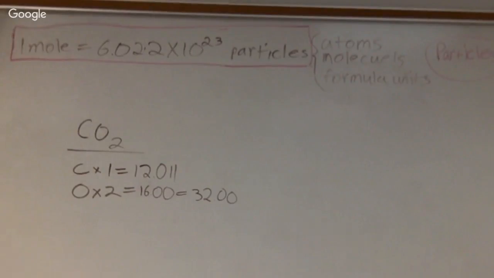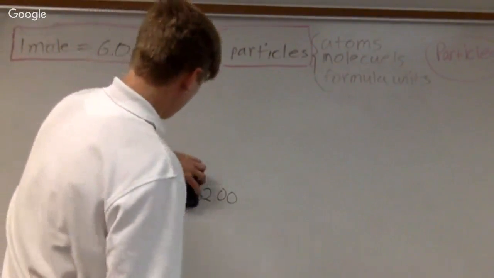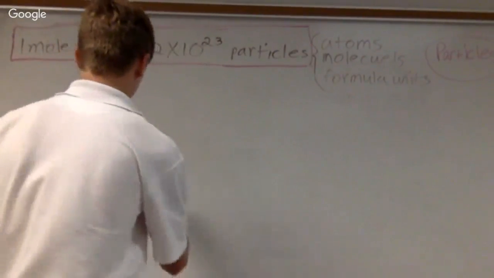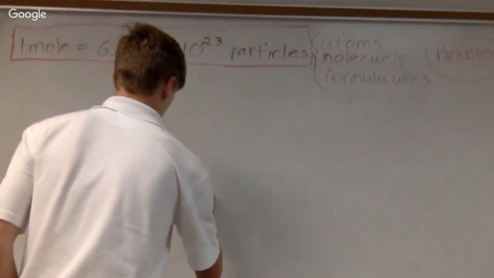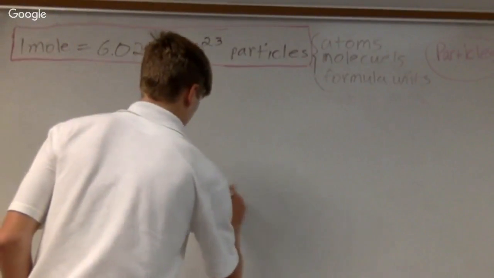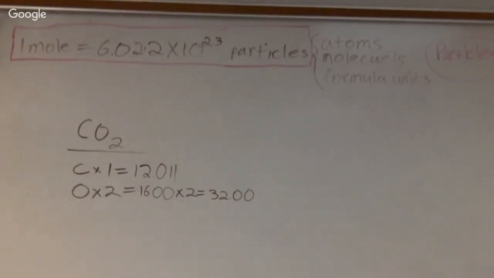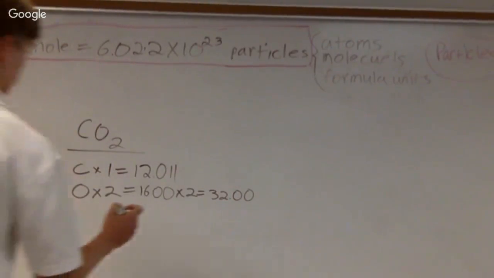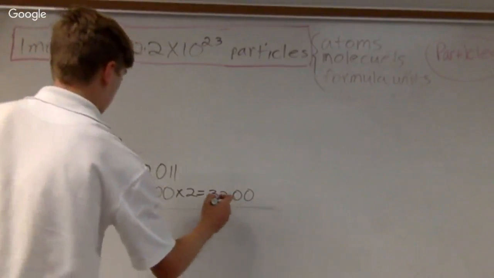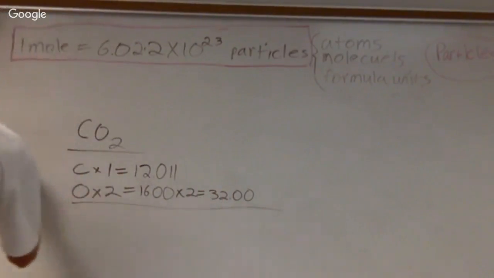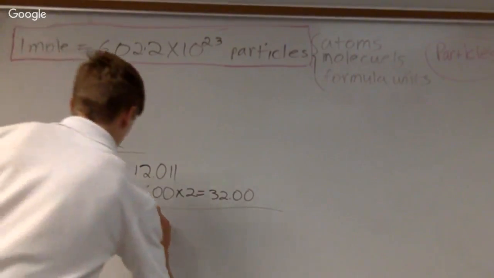Just go times 2 is equal to 32. Now, if I add those 2 together, put a line underneath that. Put a plus sign on the left-hand side, on the outside of the O. So you're adding C to the O's, right? Wouldn't that be 12.011 plus 32? And that's going to give you 44.011. Can you write 44.011 on the bottom?